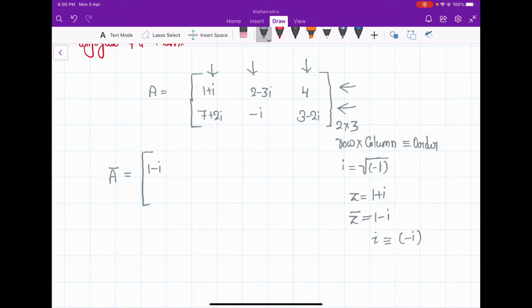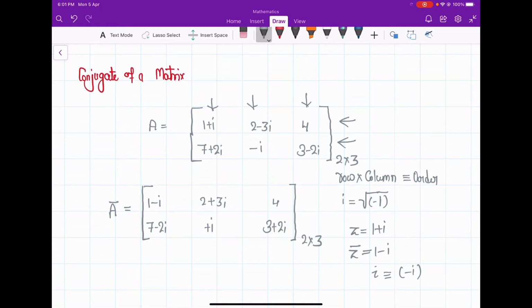You have to find the complex conjugate of each entry. So the next one will be 2 plus 3i. The last is a real number, so you write it as it is, 4. Next is 7 minus 2i. Next is i. Next is 3 plus 2i. This is of order 2 cross 3.